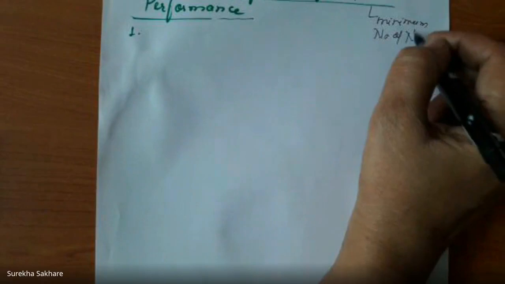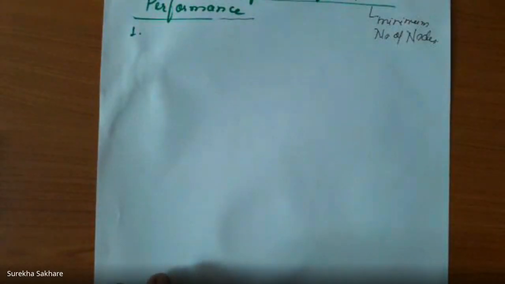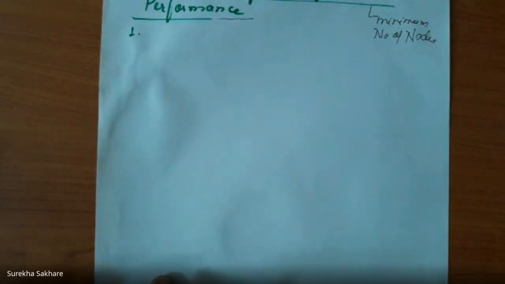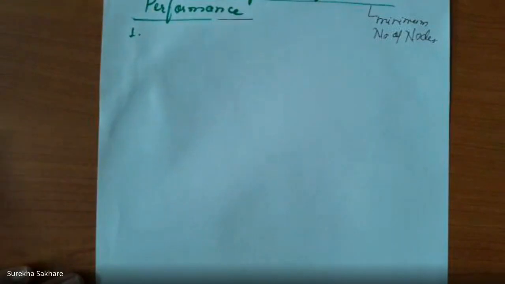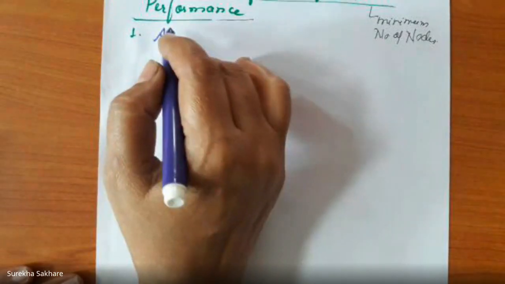There are two things which we will need. We will need the admissibility property of heuristic.